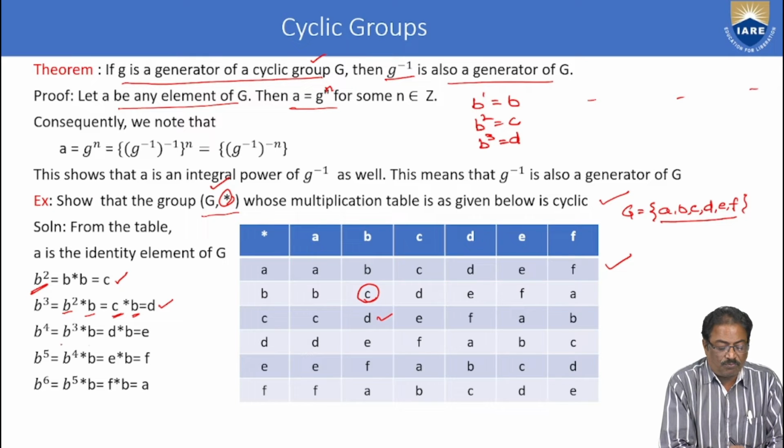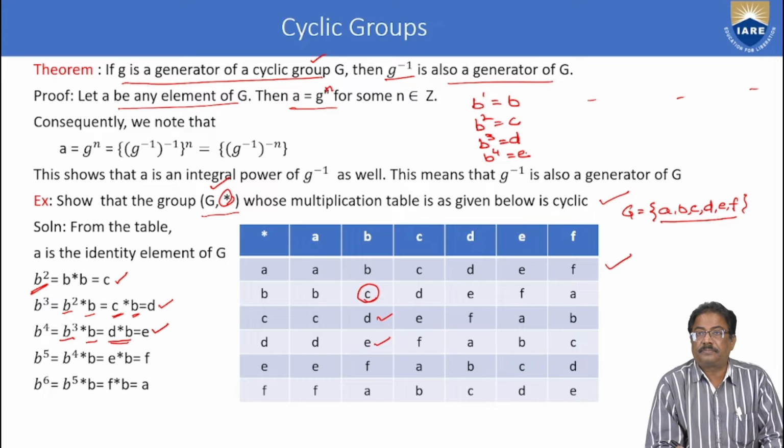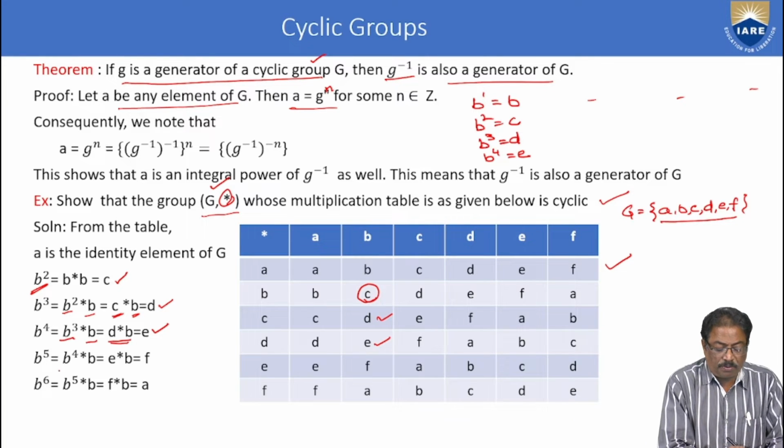Now B to the power of 4. B cubed into B. B cubed is equal to D. D into B, which is equal to E. So B to the power of 4 is equal to E. Next B to the power of 5.